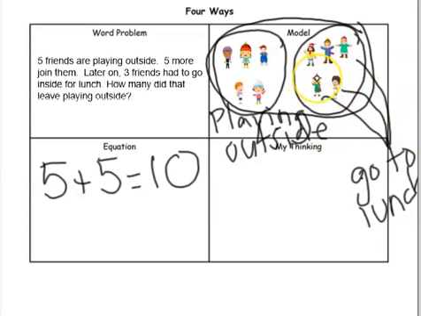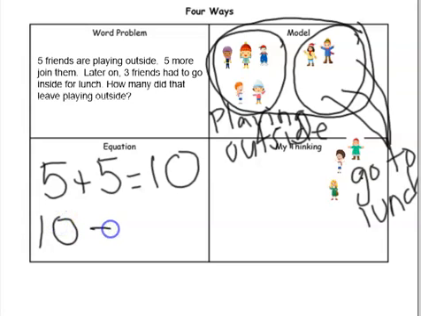Okay, so let's take those friends. They had to go to lunch. So how many did that leave on the playground? We had 10, and they had to leave, so we had to take how many friends away?